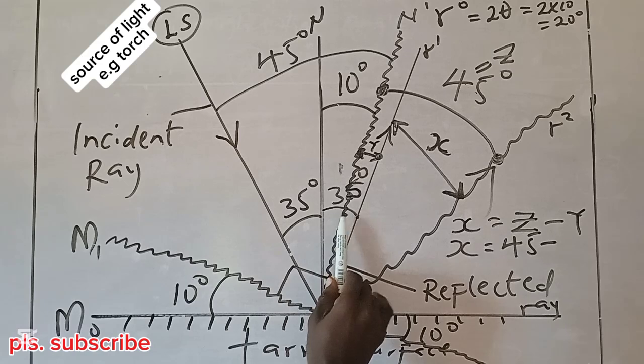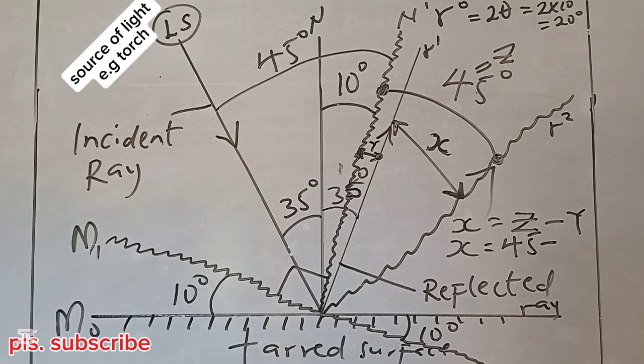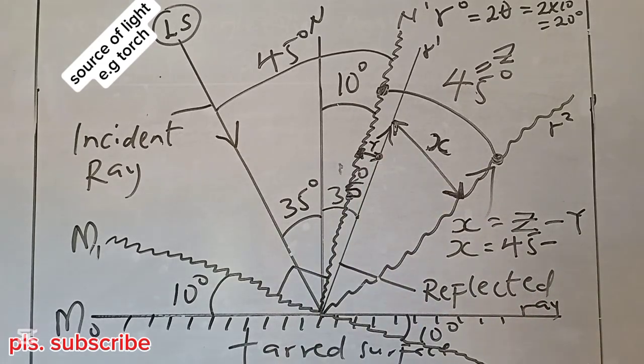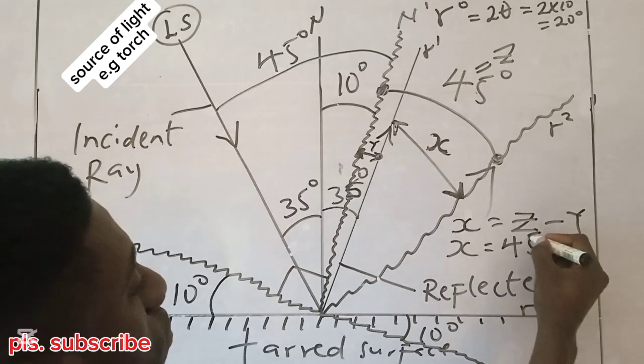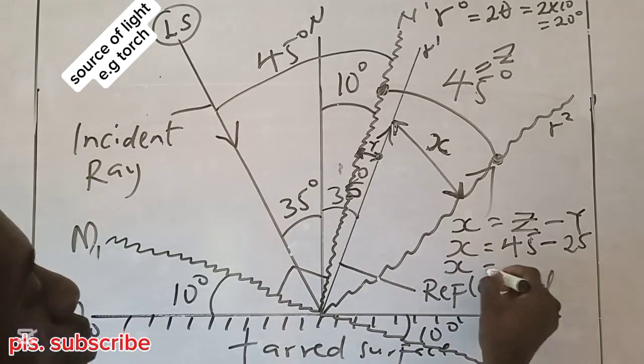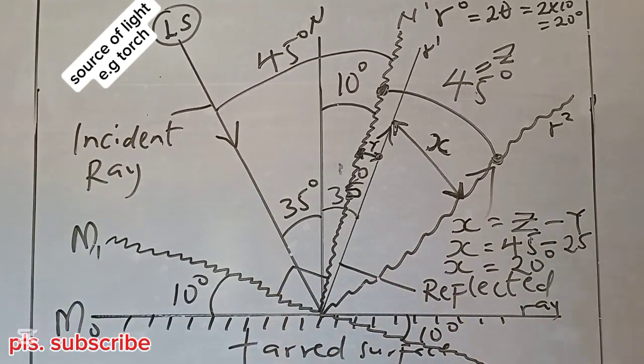Then common sense will now tell you that Y is equal to 35 minus 10. Y will now be 35 minus 10, and that is 25. Therefore, Y is 25. Finally, X is equal to 20 degrees. X becomes equal to 20 degrees.